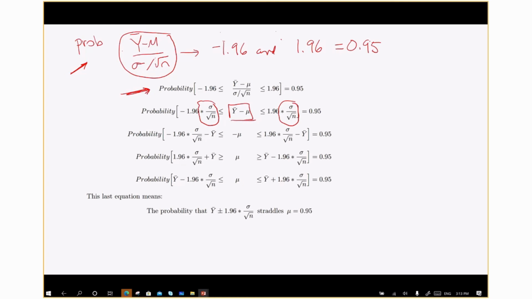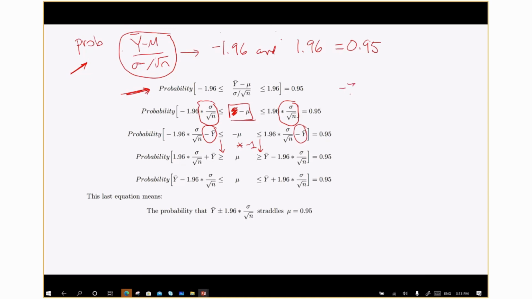Now what we're going to do is subtract y bar from all three components. So we're going to subtract y bar, so you get minus y bar there, and minus y bar there. And this next step, we're going to multiply all three components by the number minus 1. And what that's going to do is it's going to flip these inequality signs. Now, that may seem a bit strange, so maybe I'll just go over a quick example. Consider the following three numbers.